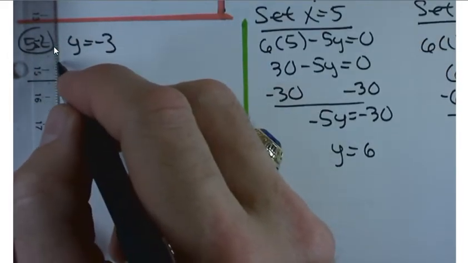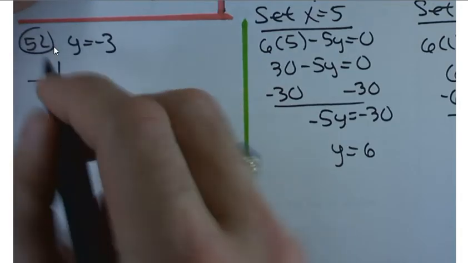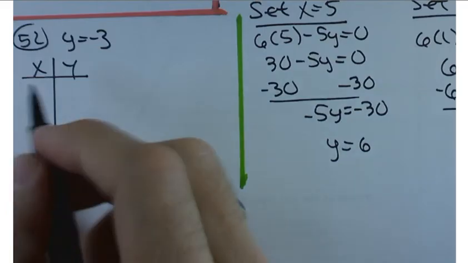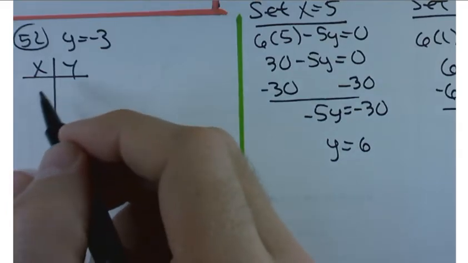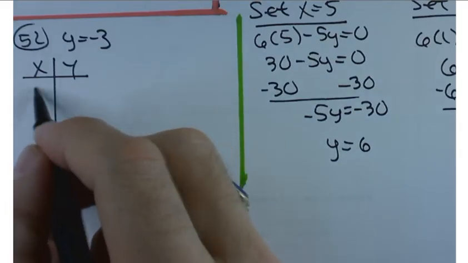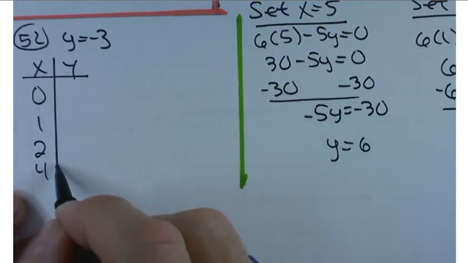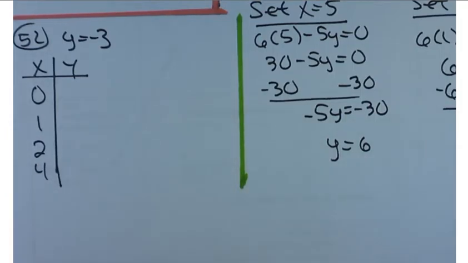X and y. Let's plug in values for x. What are some easy values to plug in for x? 0, 1, 2, 4. So here's a trick question. If I plug in x equals 0 into this equation, what do I get for y? -3.